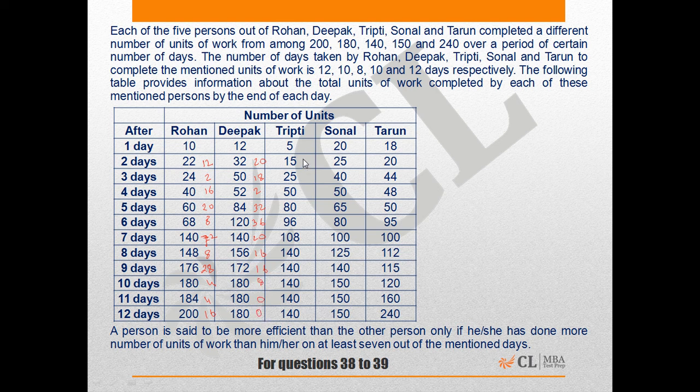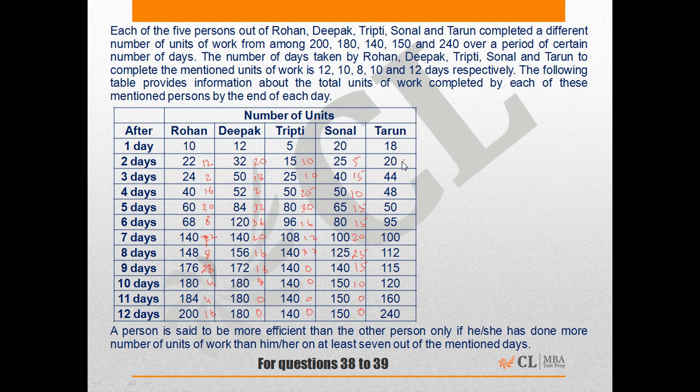For Tripti, it is 5, then 10, then 10, then 25, then 30, then 16, then 12, then 32, then 0, 0, 0, 0. For Sonal, it is 20, then 5, then 15, then 10, then 15, then again 15, then 20, then 25, then 15, then 10, and then 0, 0.